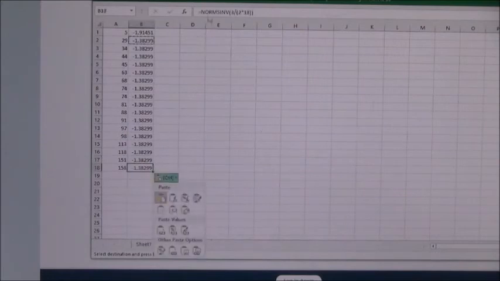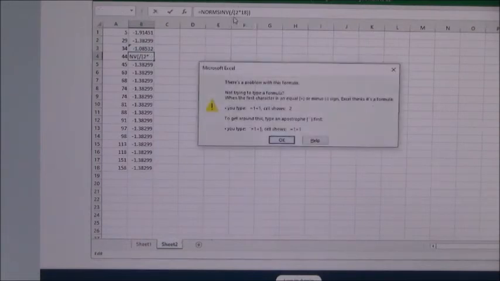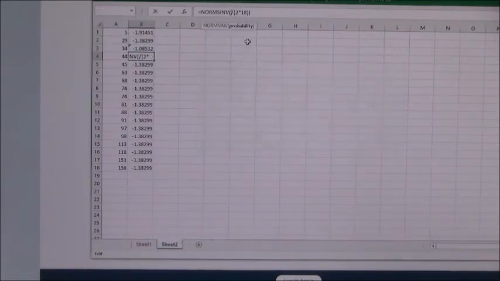And then I'm going to change them to the odd numbers. So in cell B3, I'm going to change the 3 to a 5. And down my way, 7, 9, and so forth.